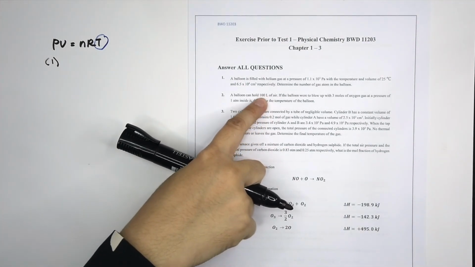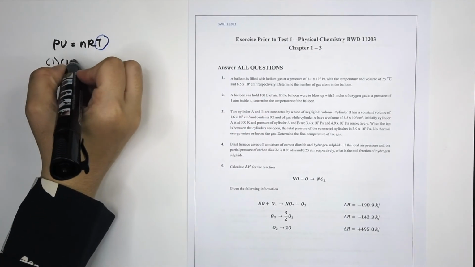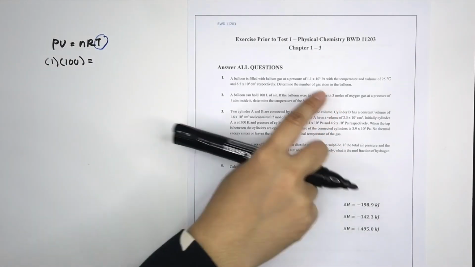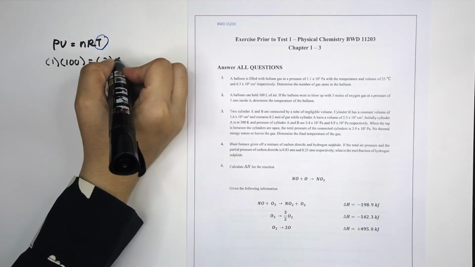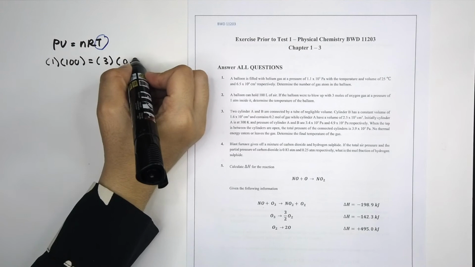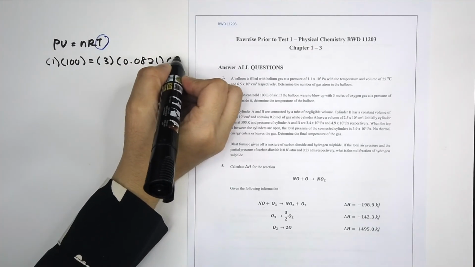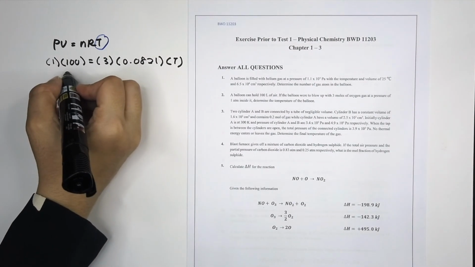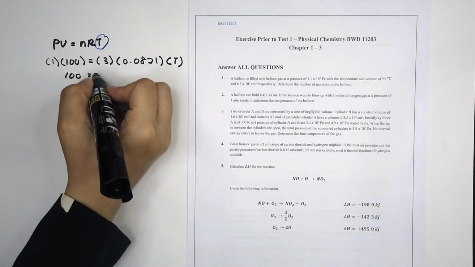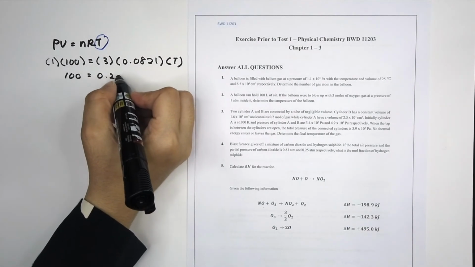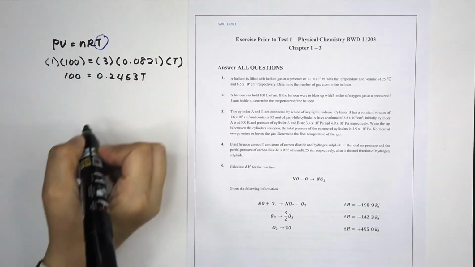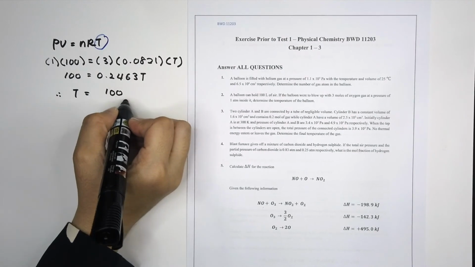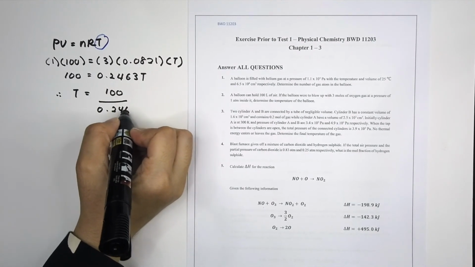From the question, we can see that the pressure is 1 atm, and the volume is already in liter, which is 100. The n says it will be blown up with 3 moles, so n will be 3. The value of R is a constant value, which is 0.0821. Therefore, you can calculate the value of T. From here, you can say that 100 is equivalent to 0.2463 T. So T is equivalent to 100 divided by 0.2463.